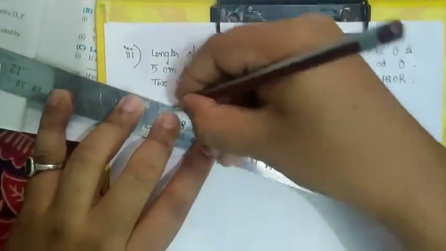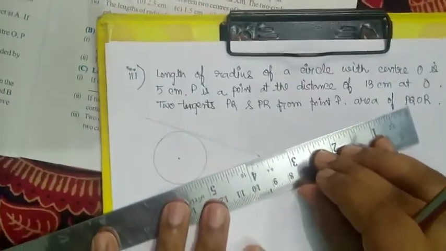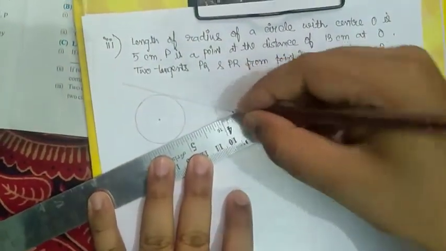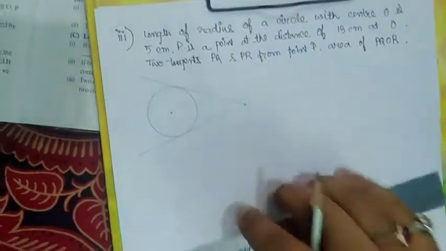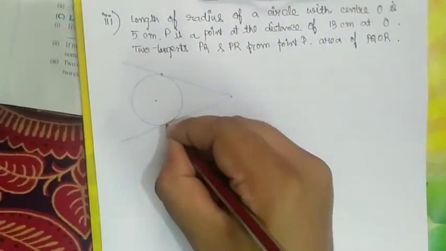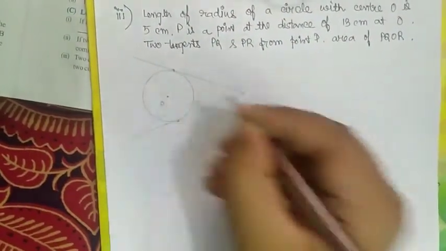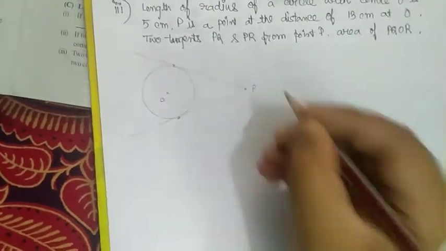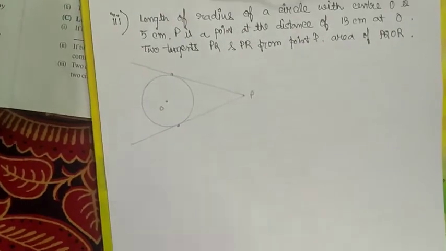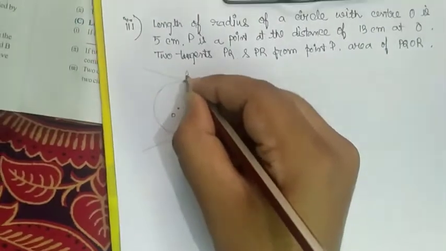This should be common tangent and here, so this is one point, this is O, this is P. Now PQ and PR are the tangents.